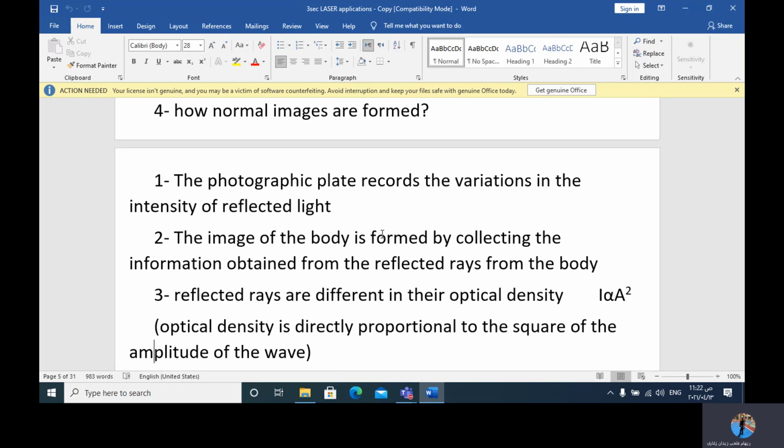And because the intensity of light, I, is directly proportional to the square of the amplitude of the wave, by increasing the amplitudes, I have different densities. And that's why optical density is directly proportional to the square of the amplitude of the wave.